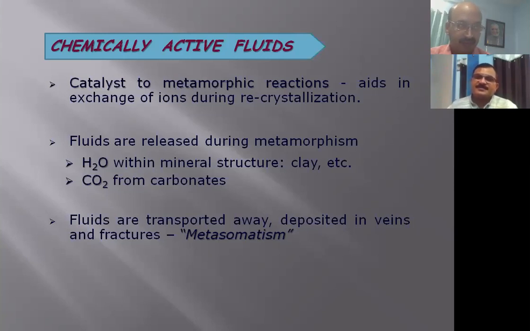Then regarding pressure, you mentioned there are two types: lithostatic pressure and directed pressure. They have their own signatures on metamorphic rocks. And the third agent is chemically active fluid, which gives rise to a special kind of metamorphism called metasomatism.